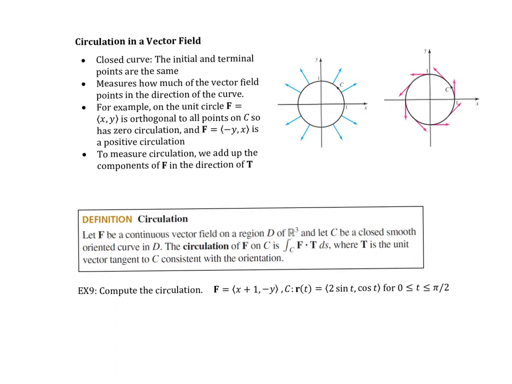So if circulation is positive, that means that the vectors are going in the same direction as the curve. If the circulation is negative, the vectors in the vector field are going opposite of the curve.